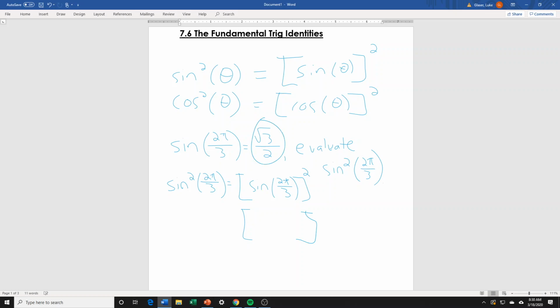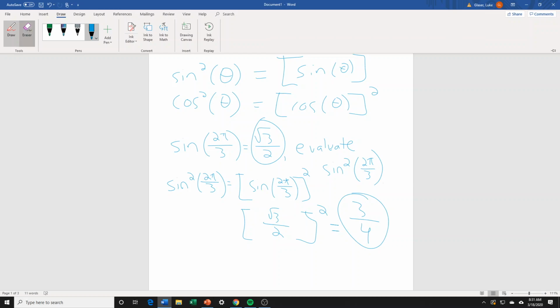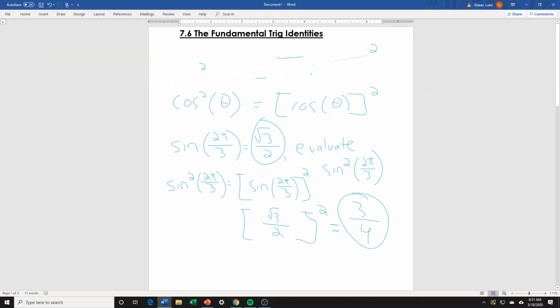They told us right there. So it's just going to be root 3 over 2 squared. Root 3 squared is going to be 3, and 2 squared is 4. So anytime you're having to evaluate sine squared or cosine squared or even tangent or secant squared, that's how we're going to do it. So that's the first thing that we need to know about today.